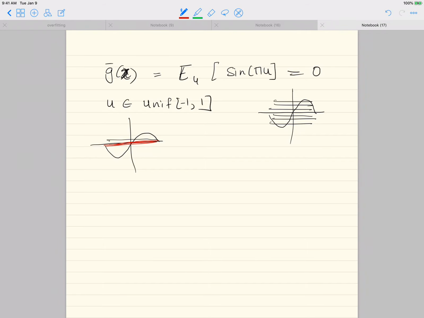So if you want to approximate the ground truth with an element in your hypothesis class, that is essentially what g bar of x is. It removes all the noise in your training data set because you're averaging over infinitely many data points. And then what you're left with is an element that is, in a sense, the best representation that you can get for f of x using your hypothesis class. That's the other interpretation.